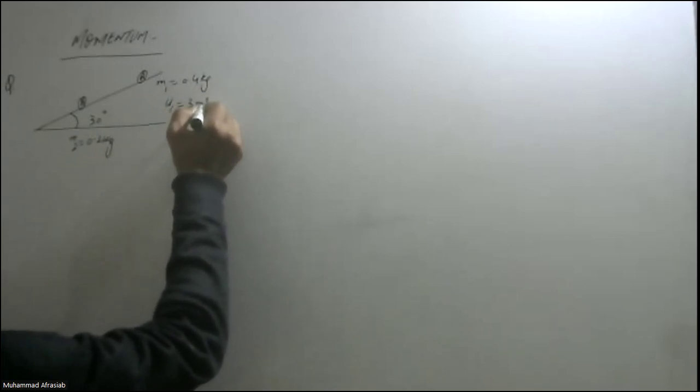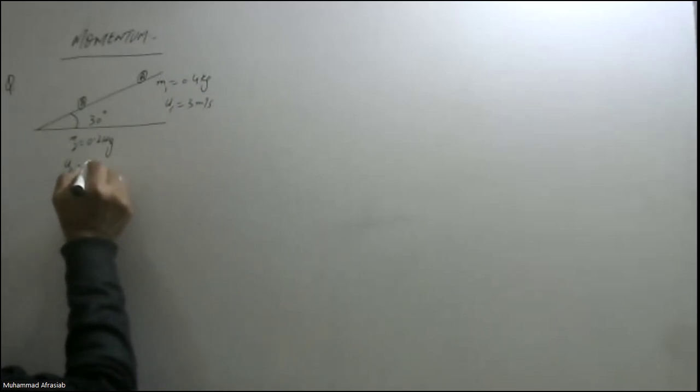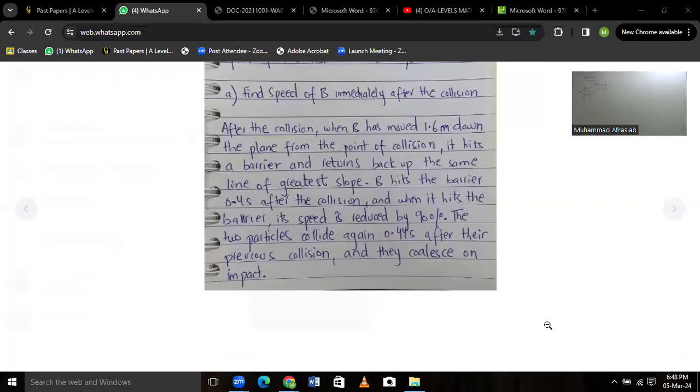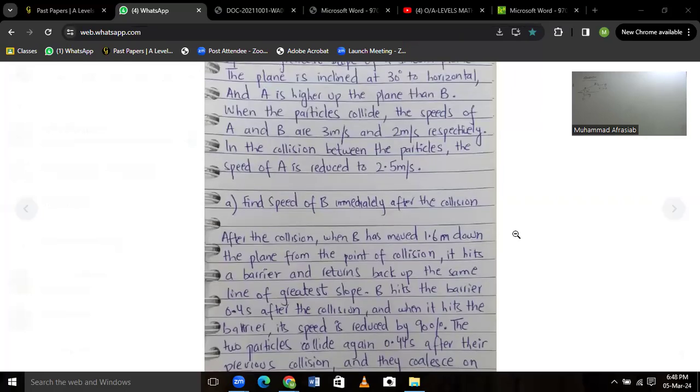A is moving with an initial speed of 3 meters per second, and B with a speed of 2 meters per second.